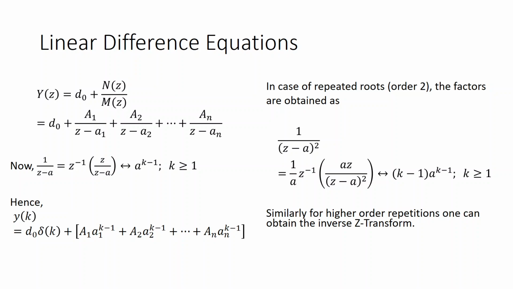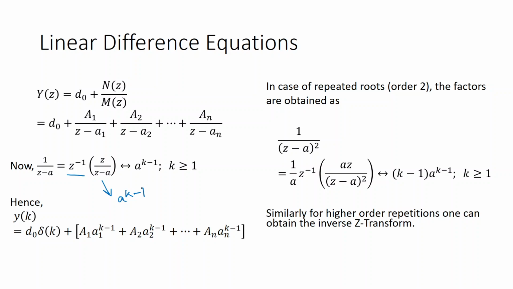So anyway, supposing we are able to do this, then we have to note that 1 by (z minus a) in general can be written as z inverse of 1 by (z minus a), and the inverse z transform is a to the power of k, and since there is a z^-1 in front of that, this becomes a^(k-1).